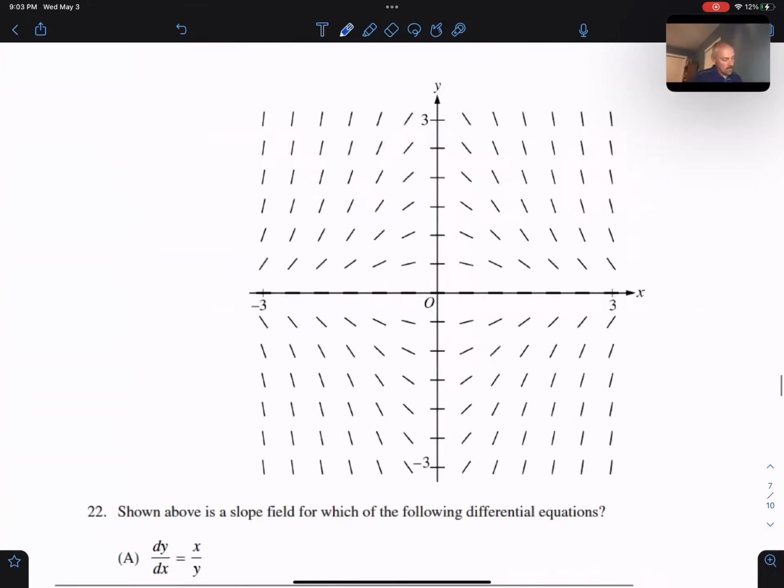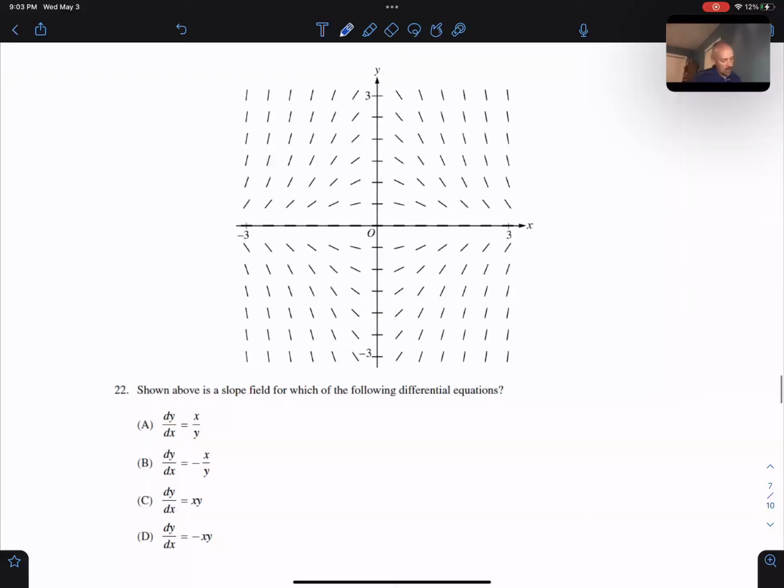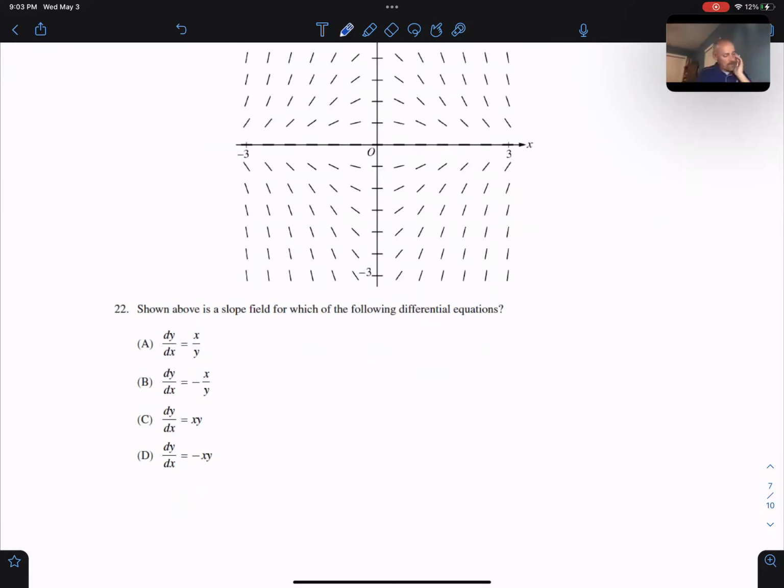All right, shown above, this one's a pretty common one. Shown above is a slope field for which of the following differential equations? Okay, so here, a couple ways we can go with this one. I'm looking at my first 2 options and I'm seeing that y in the denominator there.